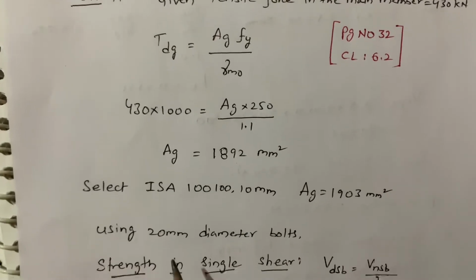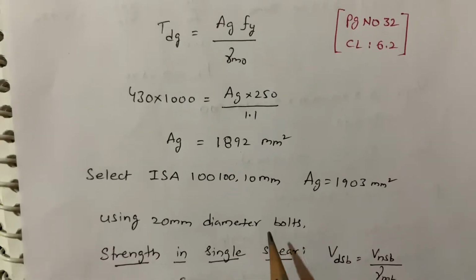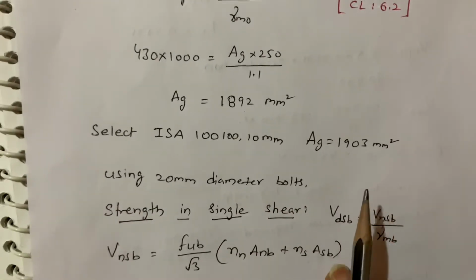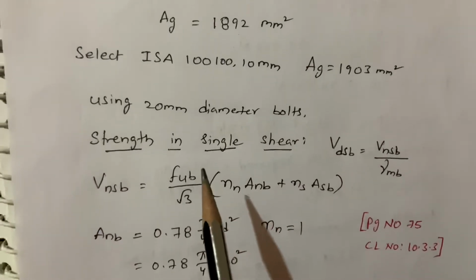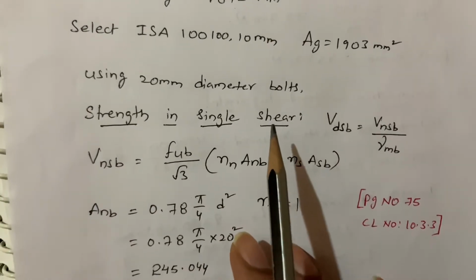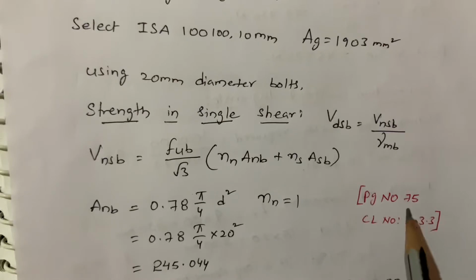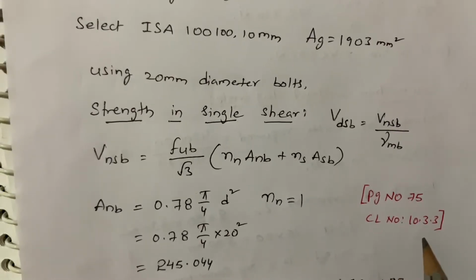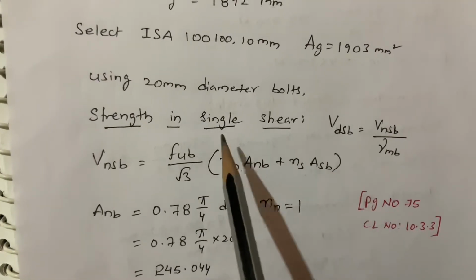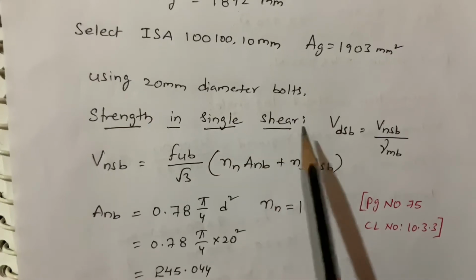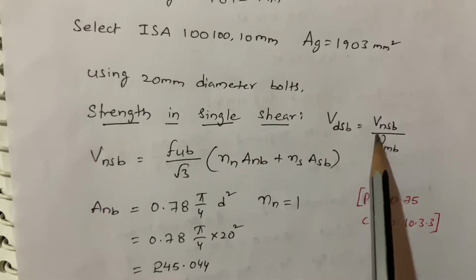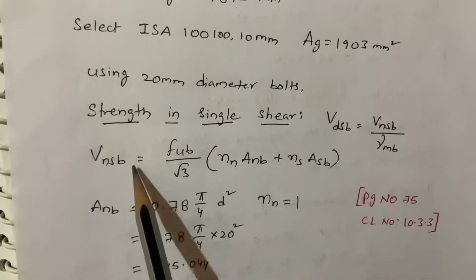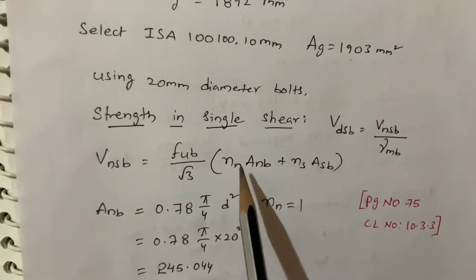Now I am assuming 20 mm diameter bolts. After this, we need to calculate the strength in single shear. In page number 75, clause number 10.3.3, we need to find out the single shear strength, that is Vdsb equals Vnsb by gamma mb. Vnsb equals fub by root 3 into (Anb plus Asb).